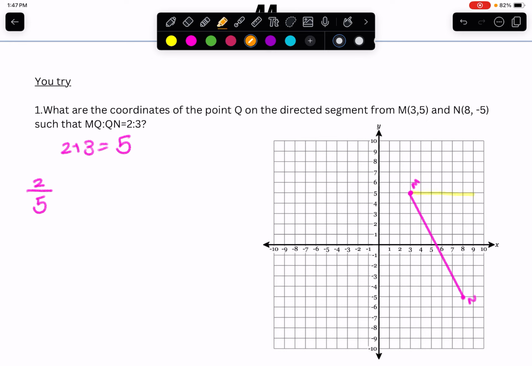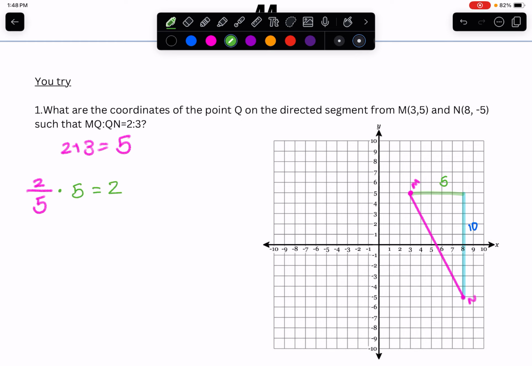So again, I'm going to highlight the run and the rise. So the run here, it's 1, 2, 3, 4, 5 boxes, and the rise is 10. So I take my original distances and I'm multiplying them by this fraction.